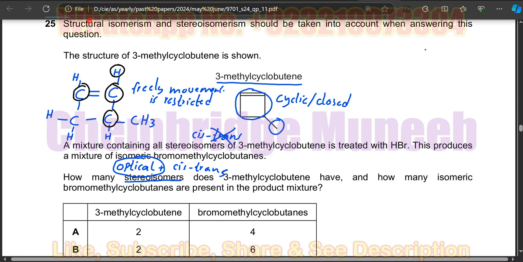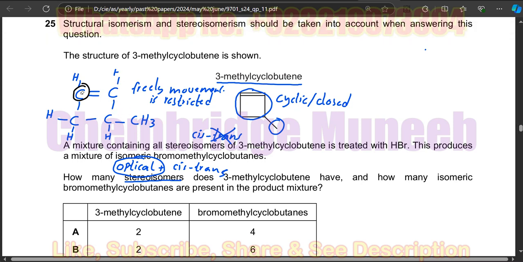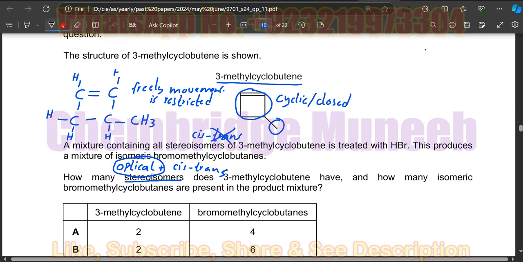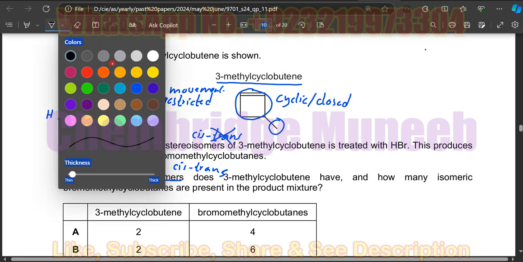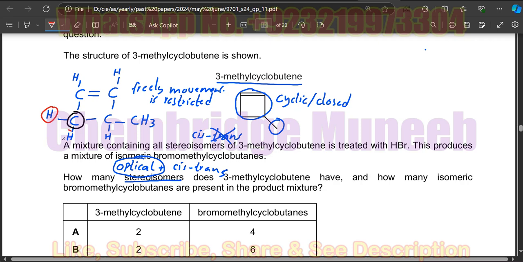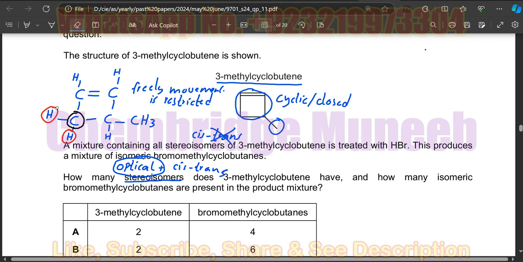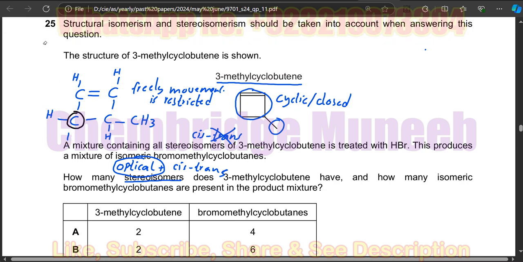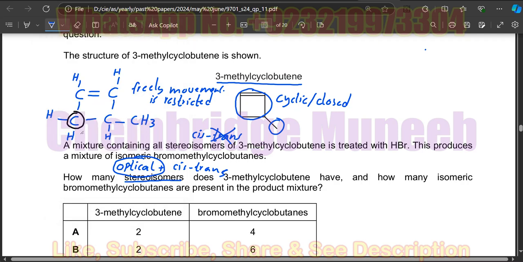So it is not possible to find an optical isomer at this carbon, not this one and not this one. So we'll check the other carbon atoms. In this case, this carbon is bonded with 2 similar atoms, which are hydrogen, so it cannot be the chiral center, and it is also removed. Now the only carbon left to check is the bottom right carbon.